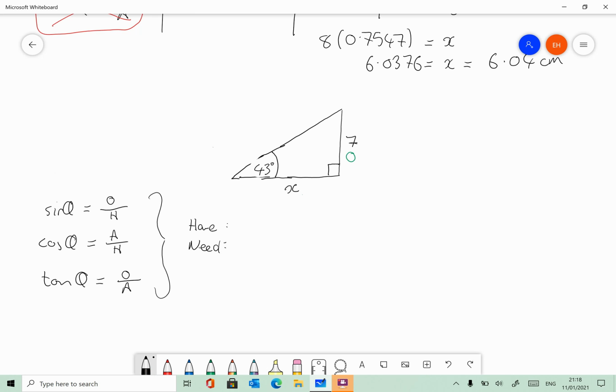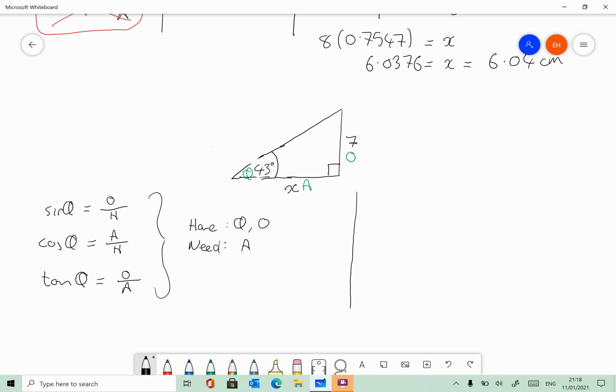Okay, so I have theta and I have O and I need X here. He's going to be the adjacent. Sorry, I'm finding this really hard to explain on an iPad or on my Surface Pro. We'll see what happens. This isn't great, is it?